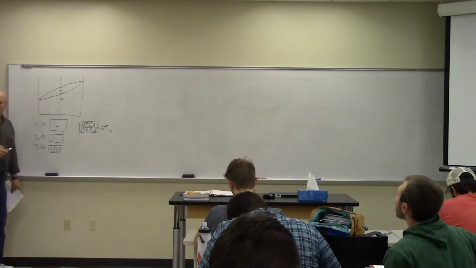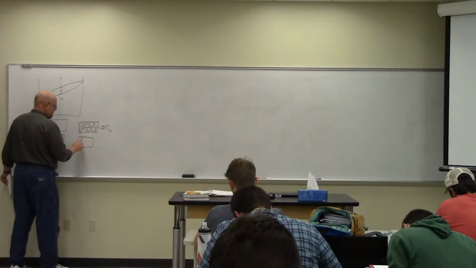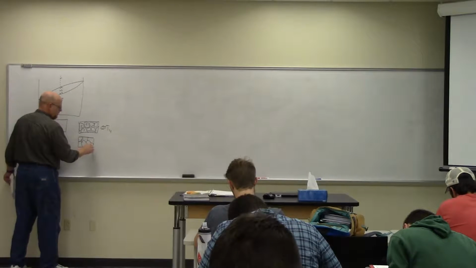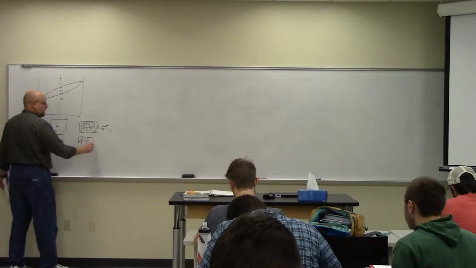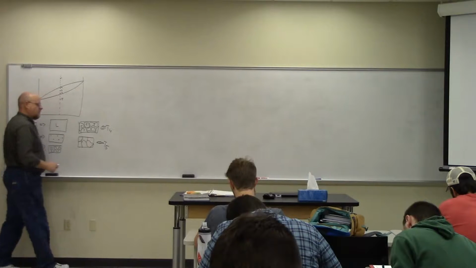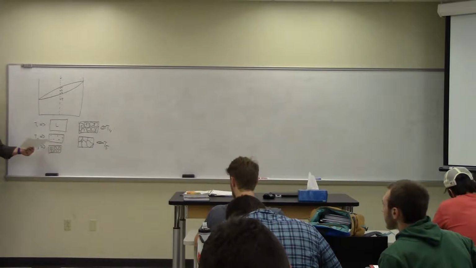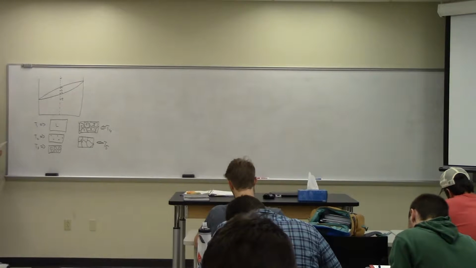Everything else is liquid. And then finally at T5, it's completely solidified, so now we have a bunch of grains with associated grain boundaries. And everything is solid. Just makes sense, right? Okay.